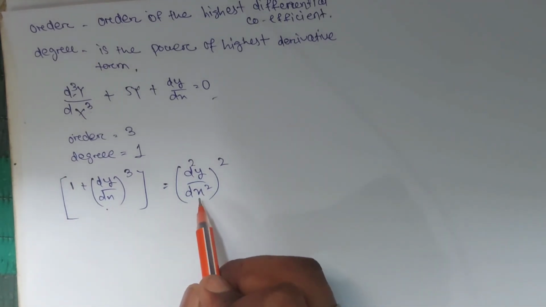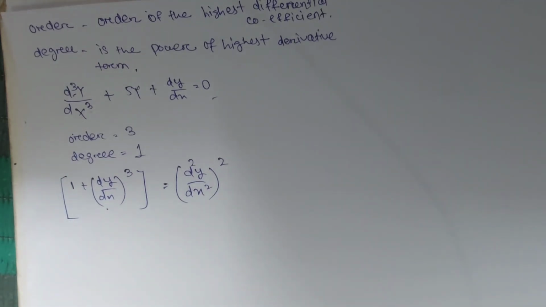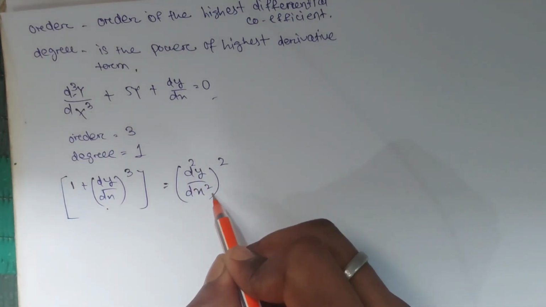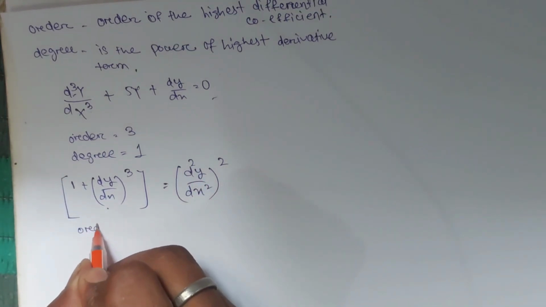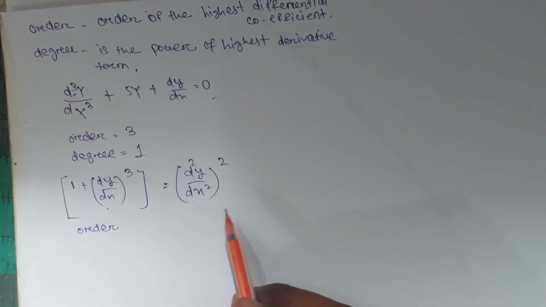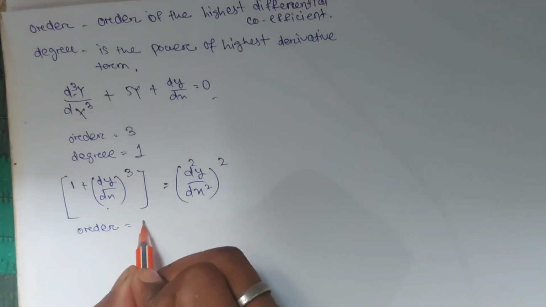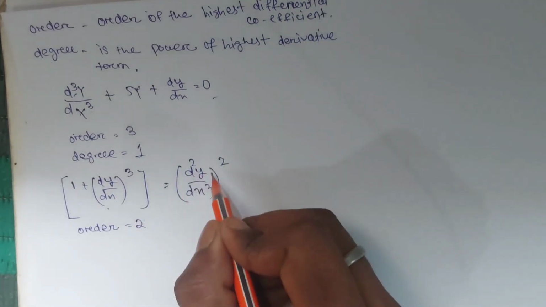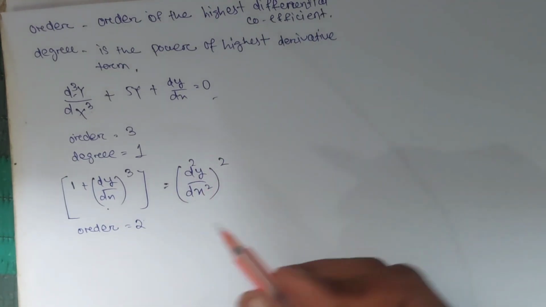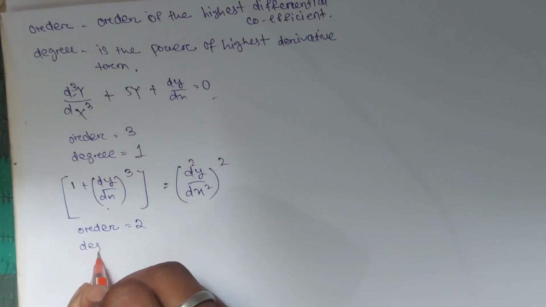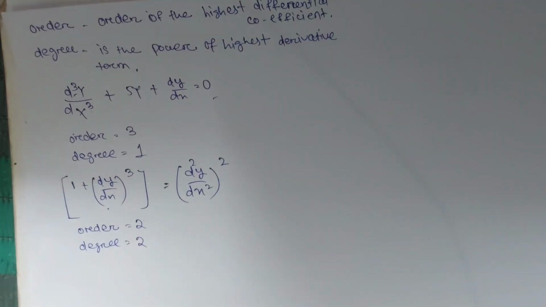Here also two differential operators are there, but one is the second order differential term. So here the order is 2, as it contains the highest differential coefficient of order 2, and the power of the highest differential coefficient is 2, so the degree is also 2.